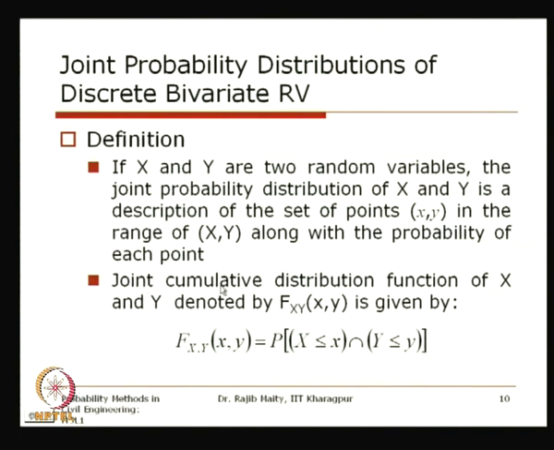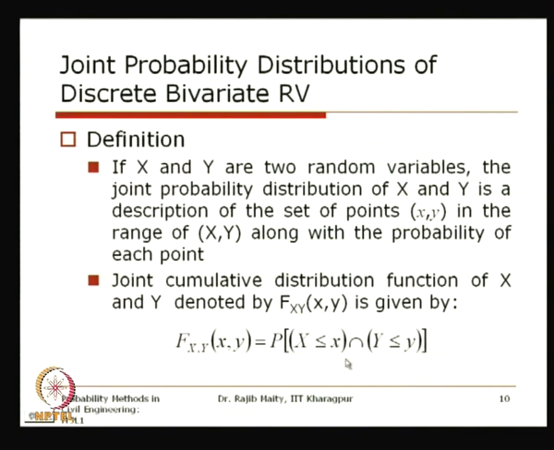The joint cumulative distribution function of X and Y is denoted by capital F(x, y) and is given by the probability of X less than or equal to x, intersection Y less than or equal to y.